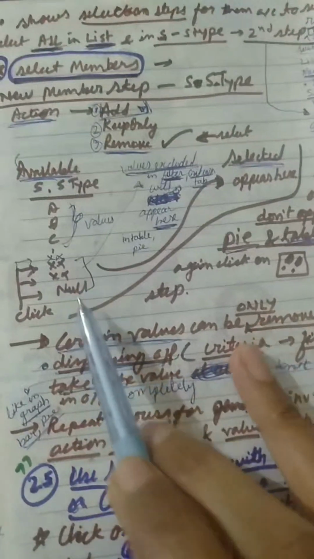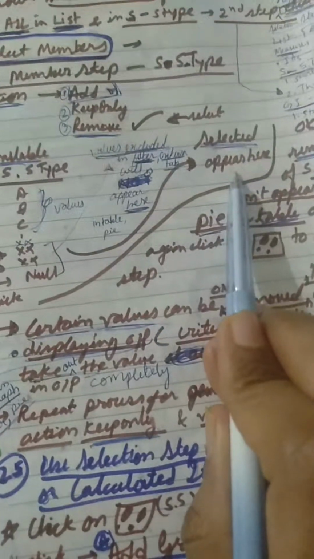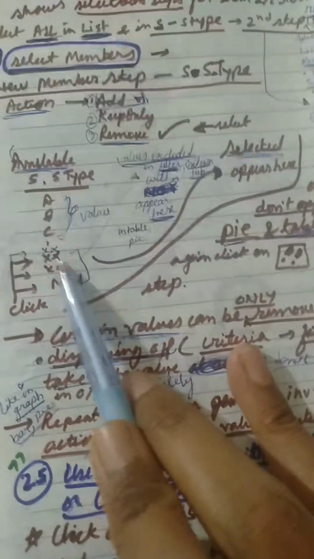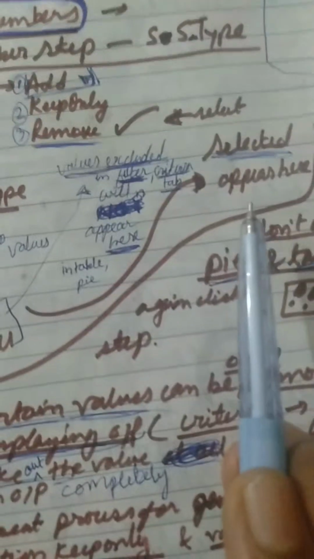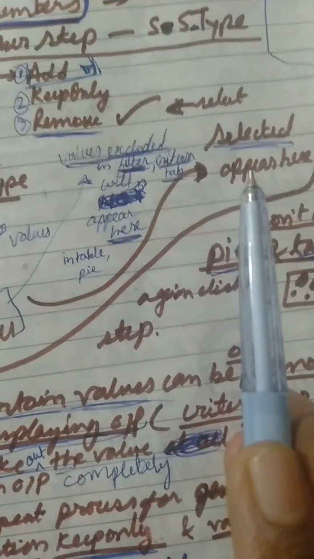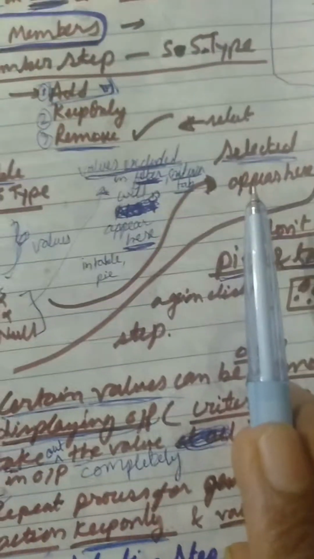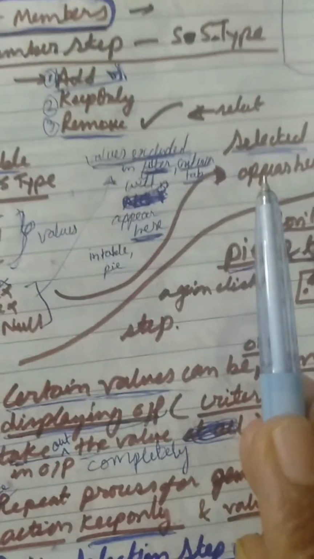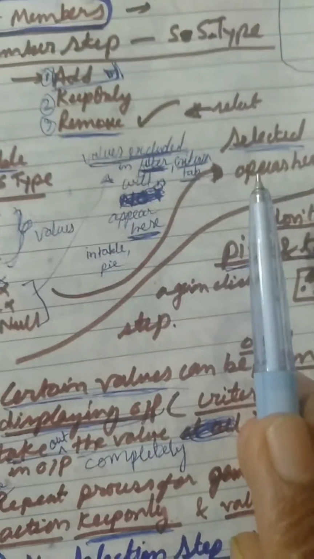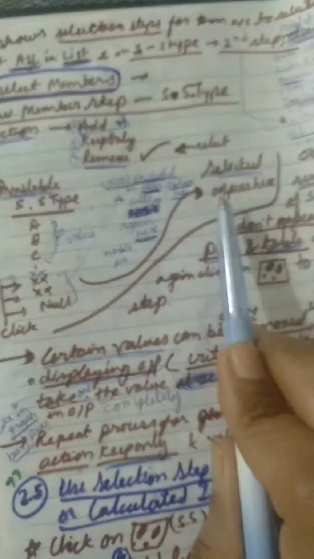So click on all these, and once you click on this, this will appear here in the selected section. So I have clicked on XX and null values. Once I click, these will appear here. Okay, there's one more thing I want to mention here, I'll tell you that later.